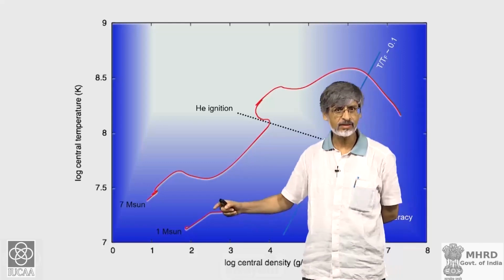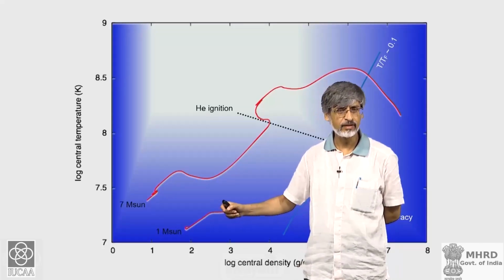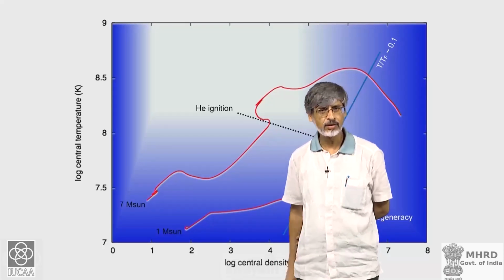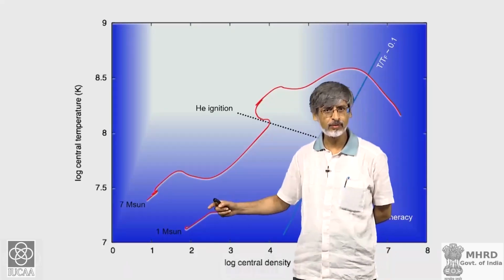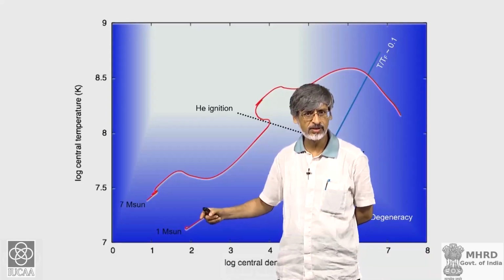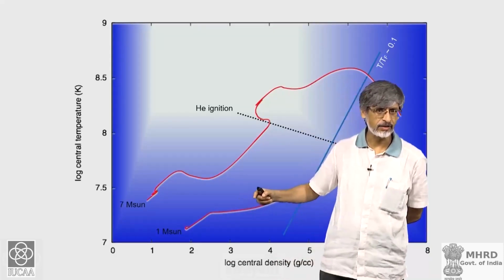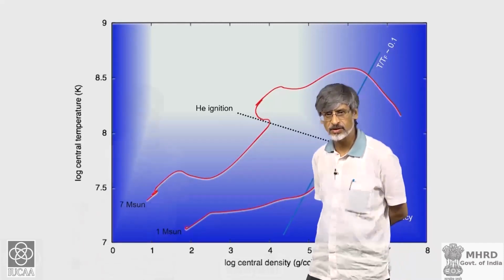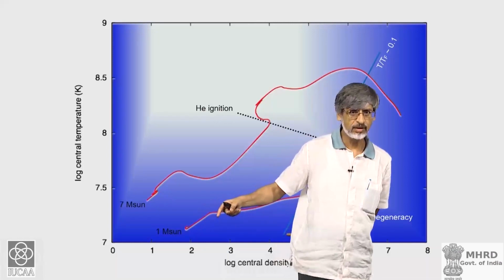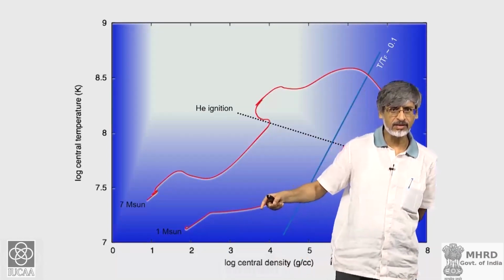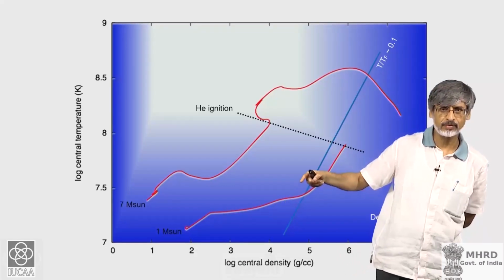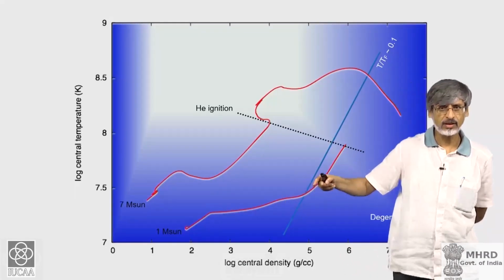As the core contracts, its density will rise, and as a consequence of the virial theorem, temperature will rise as well. So, the star will follow these diagonal trajectories up in this diagram. This track starts from here and gets denser and hotter and moves to the right and upwards.